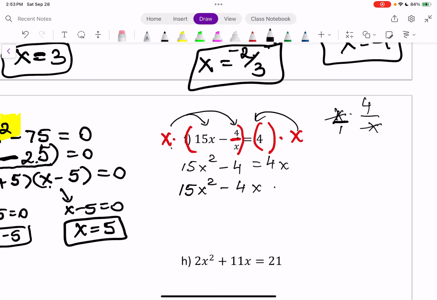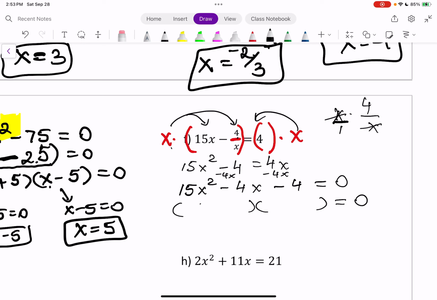So therefore, I subtract 4x from both sides of the equation. And because we always want the terms to be in what we call descending order of exponents in order to factor, I'm tucking that negative 4x in the middle between x squared and the no x. And now we can go ahead and factor.